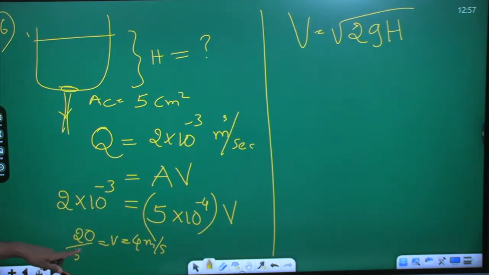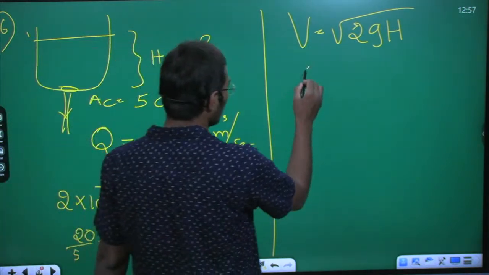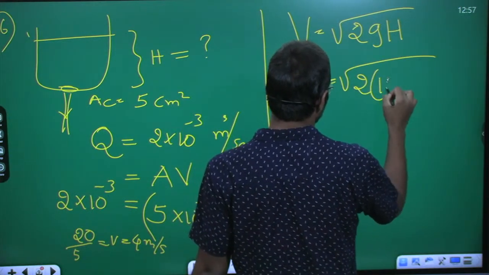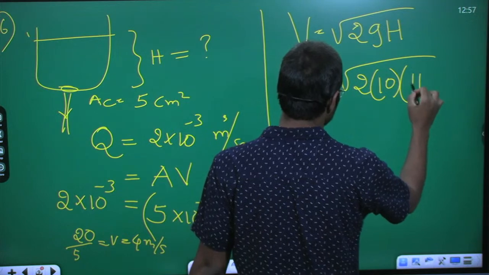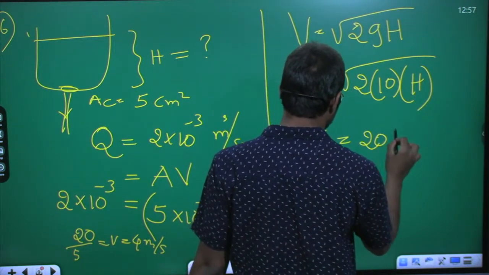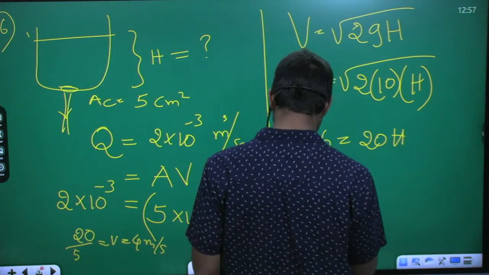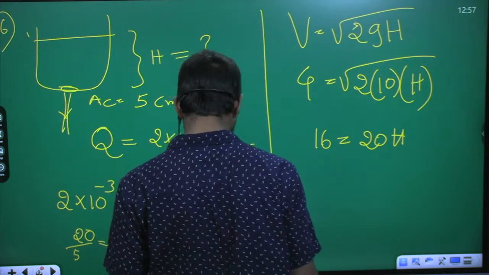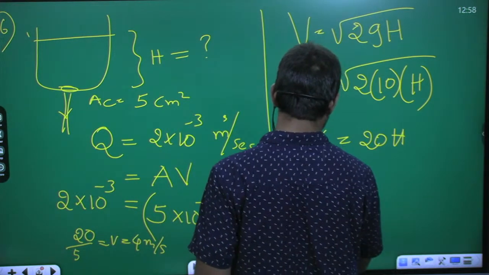You will have 10 power minus 1 down. It goes up. 20 by 5, 4. So 4 is equal to under root 2 into 10 into h. 16 is equal to 20 h. Okay. So what do we get?